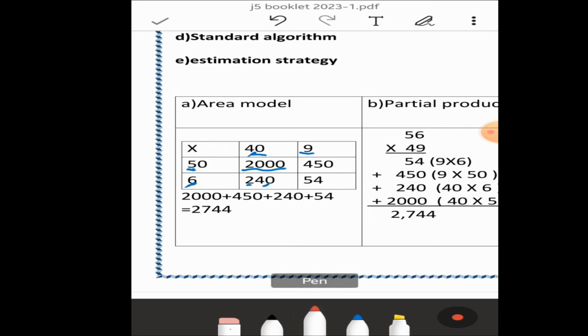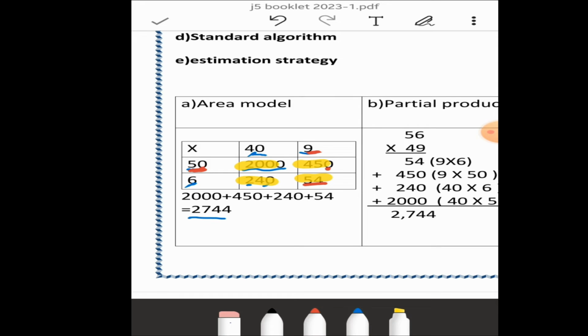And then multiply 9 times 50, it will be 450, as we collect 0, and 9 times 5 equals 45. And 9 times 6 will be 54. So to get the product, we will add all of these numbers, 2000 and 450 and 240 and 54.